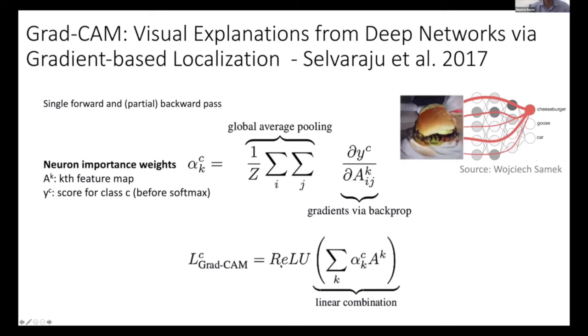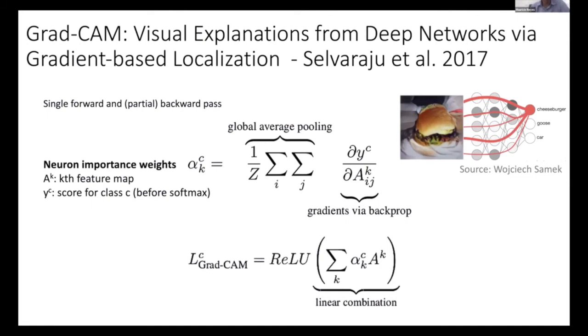And I'm going to take only the positive part. This is this ReLU activation you probably saw in the basics of deep learning. This is just saying, just take the positives that you find here. And then it's a visualization of that map.